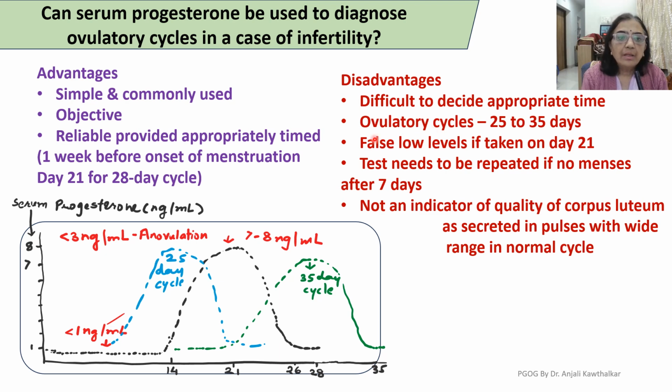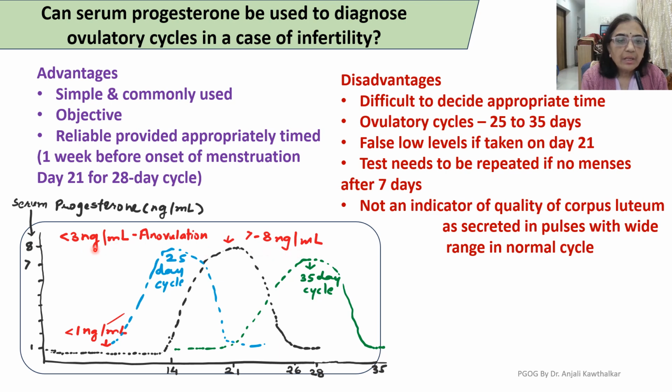And that is the reason this day 21 is not always a correct day to go for this serum progesterone, if the cycle is not 28 but 35 days. If it is a 28-day cycle, then by day 21 there is a rise in the serum progesterone which is around 7 to 8 nanogram per ml.